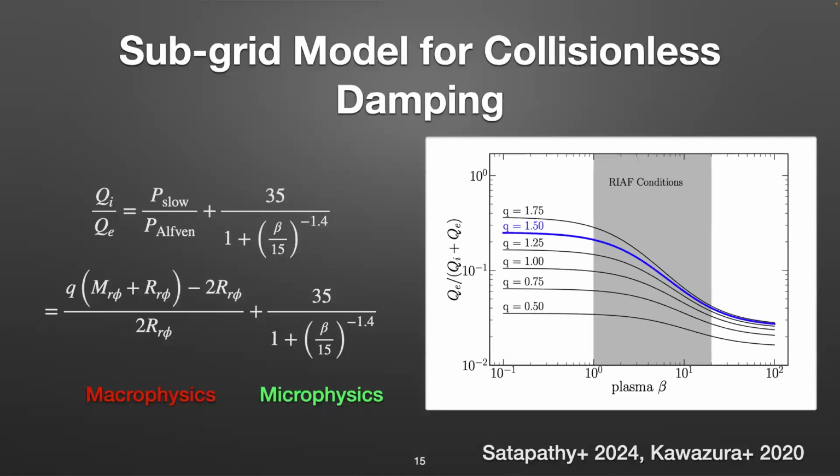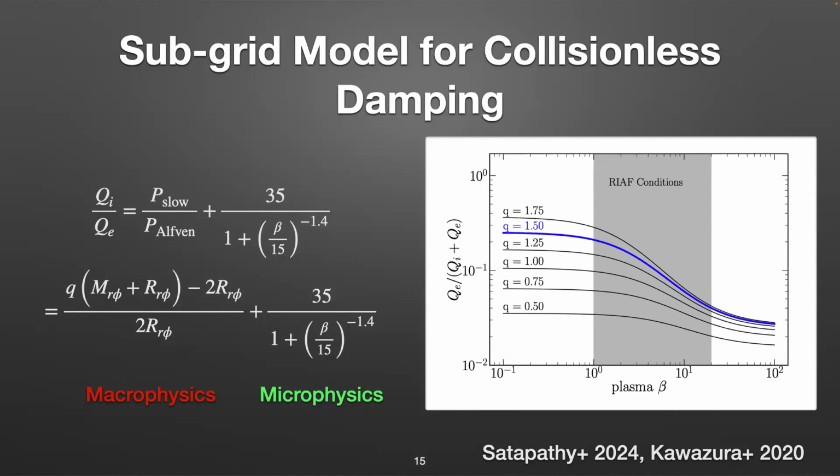The expression on the top is the ion to electron heating ratio, and it depends on the slow to Alfvén drive power and some microscopic quantities. The left expressions capture the macro-scale physics, the right expressions capture the microphysics.